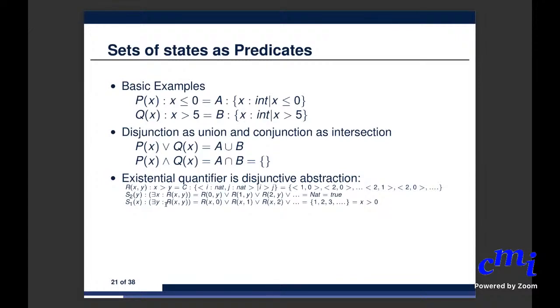So I encourage you to go through these things and convince yourself that indeed the way that I am defining predicates by existentially quantifying some of the variables out of certain formulas indeed reduces to certain sets described by these closed form things, like I've indicated here.